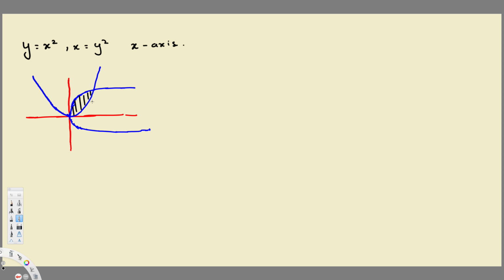The volume equation when we have two curves bounded together is V equals pi integral of r out squared minus r in squared.